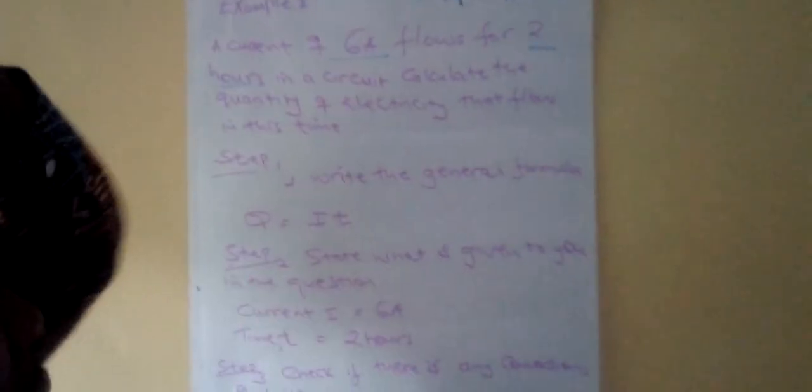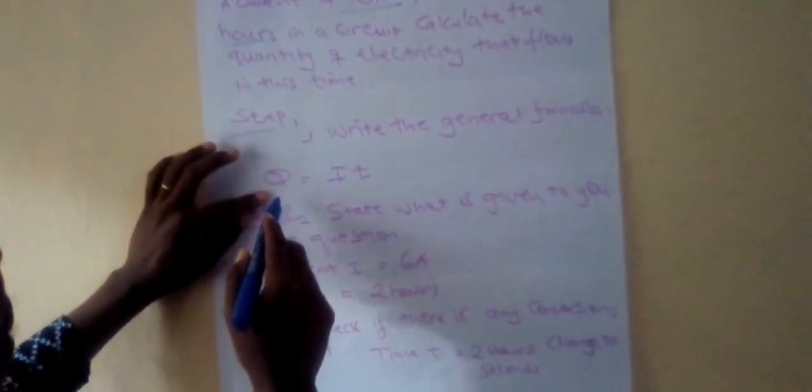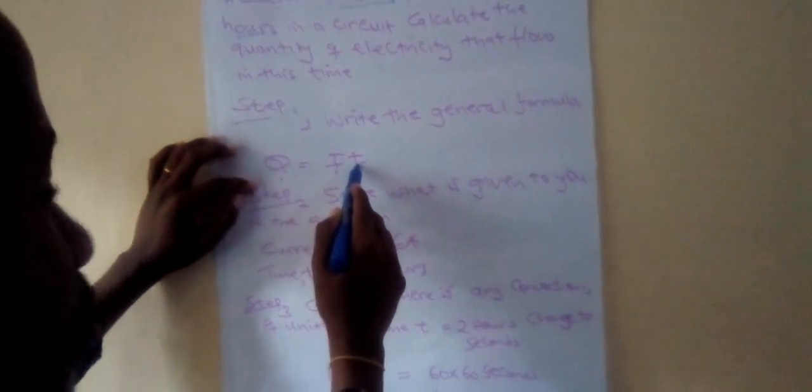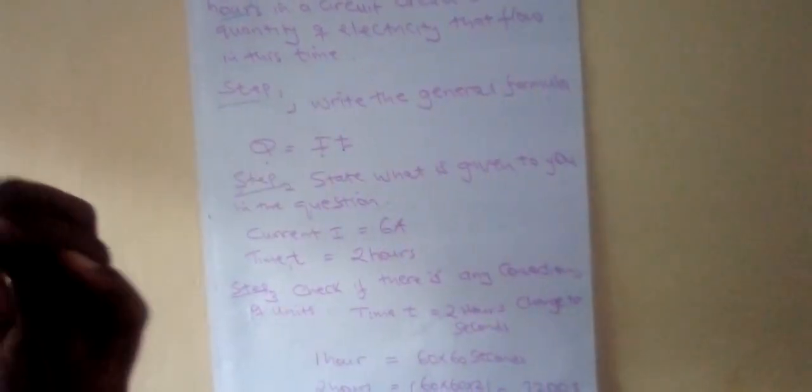Now, for a calculation, we are going to look at 4 steps. Step 1, we write the general formula. We say our charge is equal to I times T. That is our general formula, the first step.